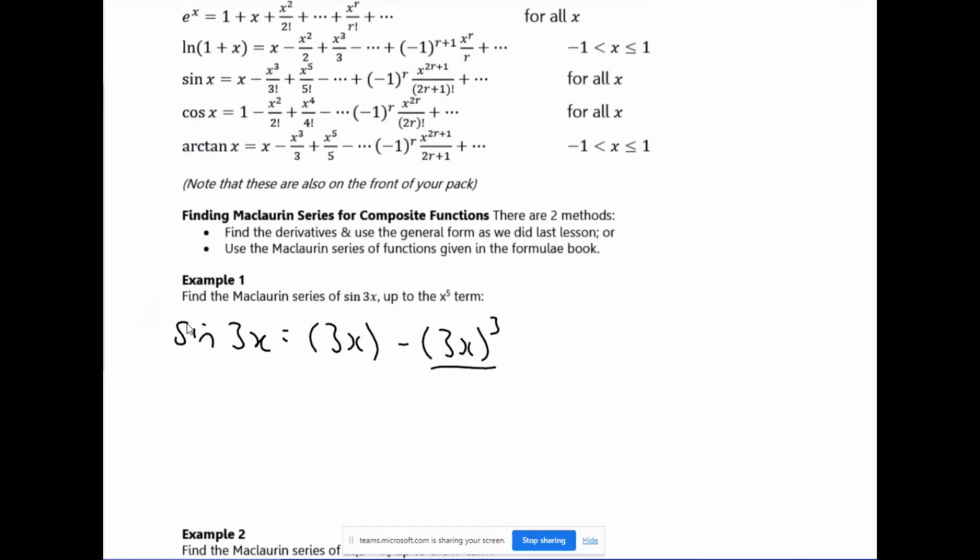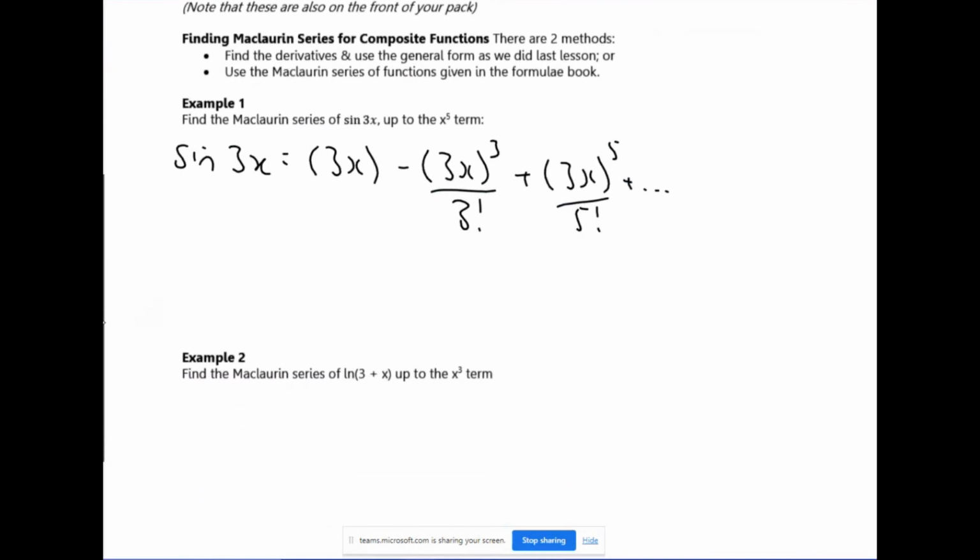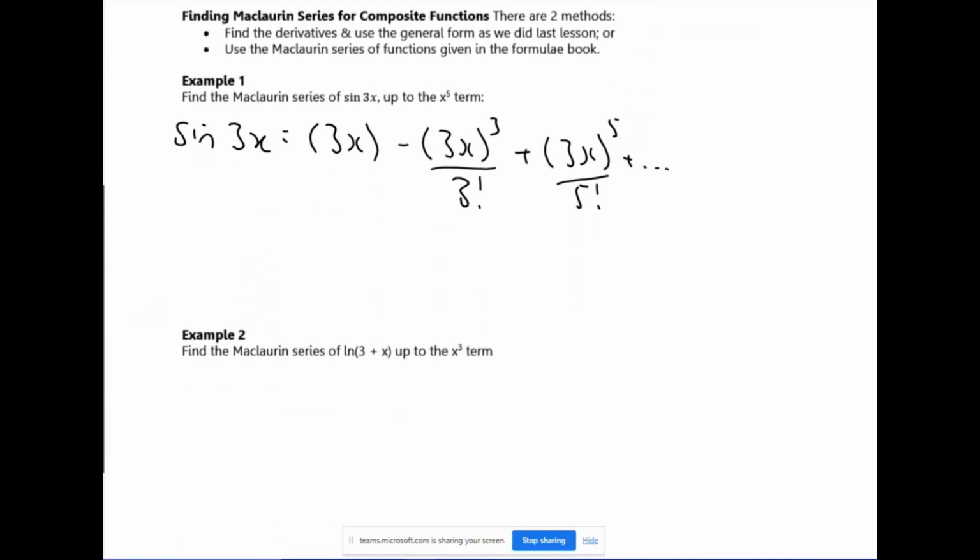3x cubed over 3 factorial plus 3x to the 5 over 5 factorial plus and so on. We will evaluate these terms. This is 3x.